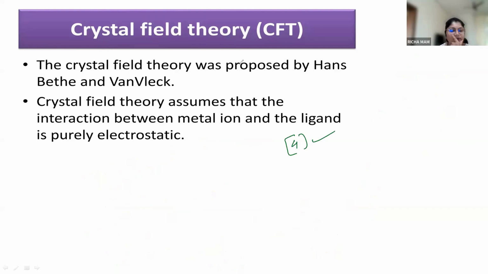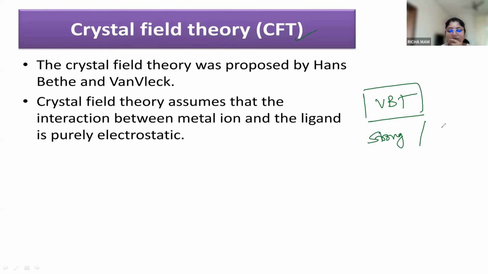Very important. So then we are discussing the drawbacks or the limitations. Now we are going to start with the next theory, which explains the bonding between the metal and ligand. The next is CFT. Why did we go for the next theory? Because VBT could not explain the magnetic data, it could not explain the color of coordination compounds, and it could not distinguish between strong field ligands and weak field ligands.